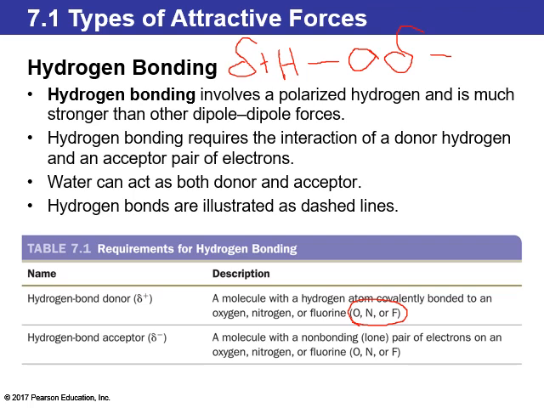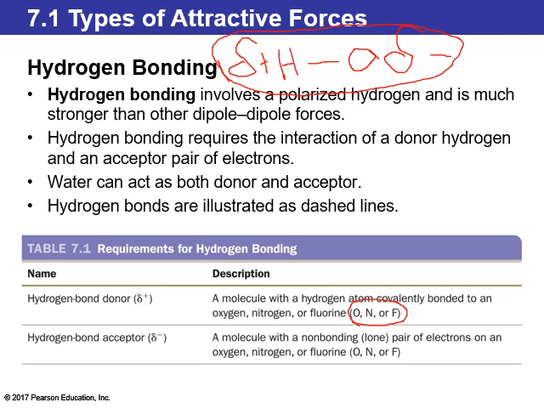In order for a hydrogen bond to occur, you have to have a really electronegative element, oxygen, nitrogen, or fluorine, bound to a hydrogen. They are creating this really uneven dipole with big partial positives and big partial negatives. So you've got to have a hydrogen bound to oxygen, nitrogen, or fluorine.